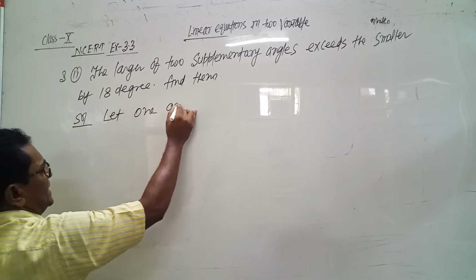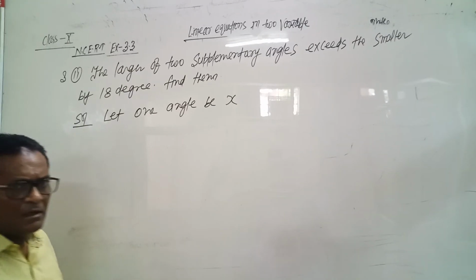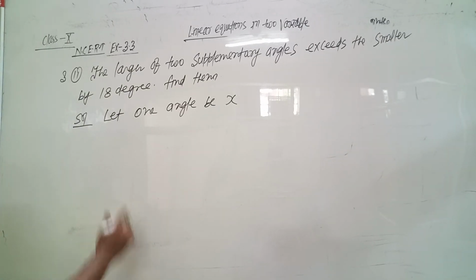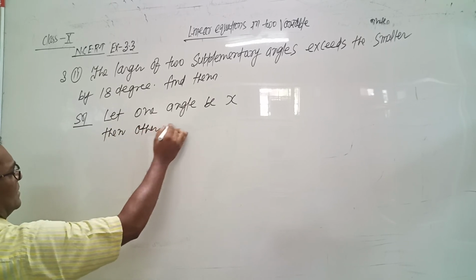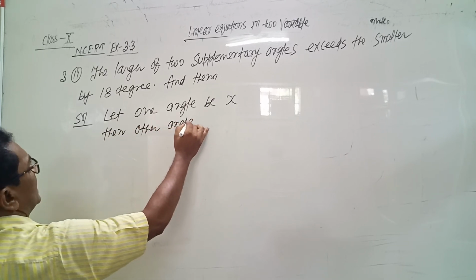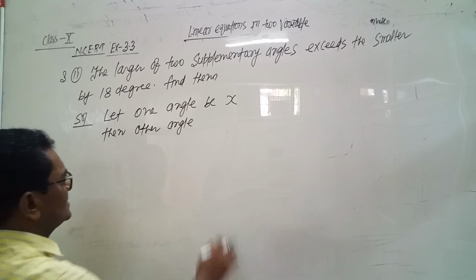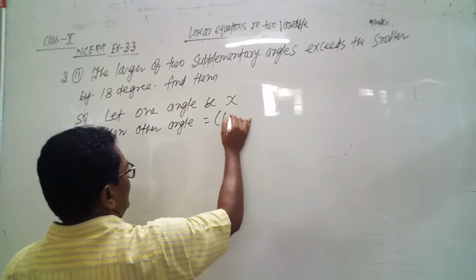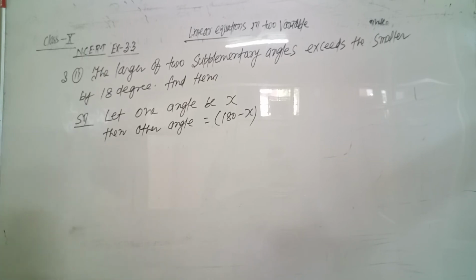So let one angle be x, then the other angle. We have given that the two angles are supplementary angles. So if one angle be x, then the other angle will be 180 minus x, because if the sum of two angles is 180 degree, then it is called supplementary angles.